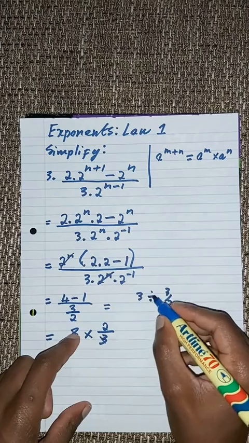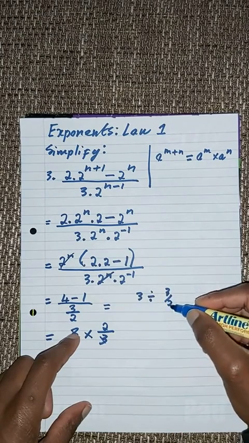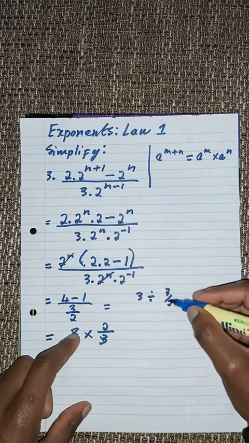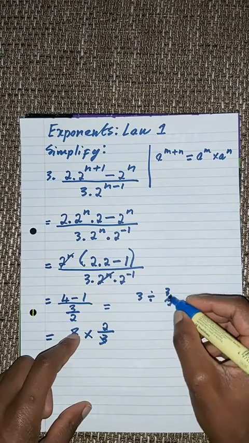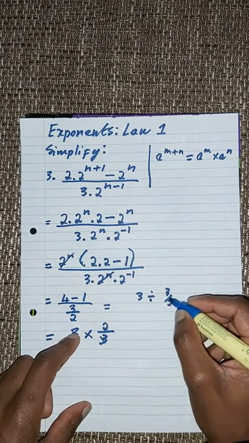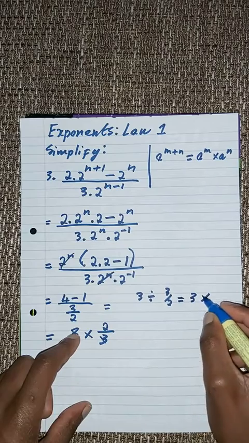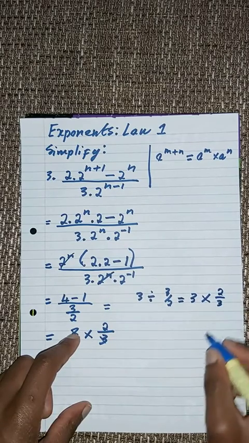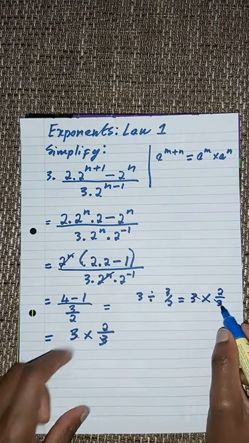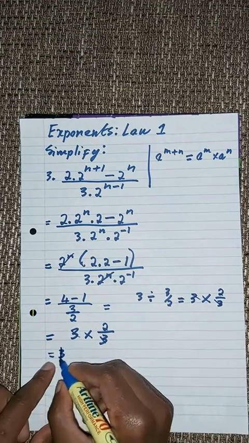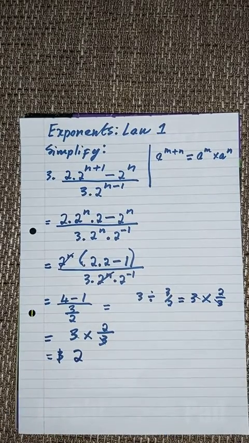And when I change this one to a multiplication, it will give me the reciprocal of 3 over 2. The reciprocal of 3 over 2 is the vice versa of what 3 over 2 is. So the reciprocal of 3 over 2 is actually 2 over 3. So this means that I will have 3 multiplied by 2 over 3. Then the 3 at the top cancels with the 3 at the bottom, and then we remain with 2. So here we are supposed to remain with 2. I had made a mistake.